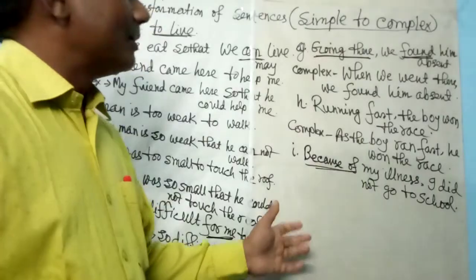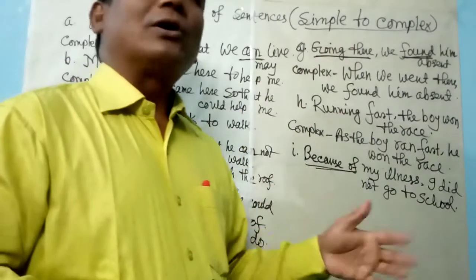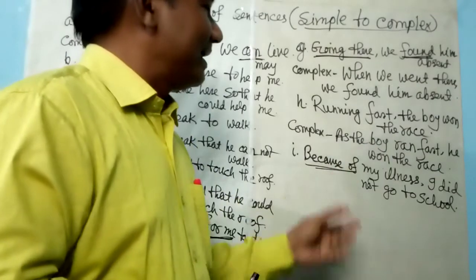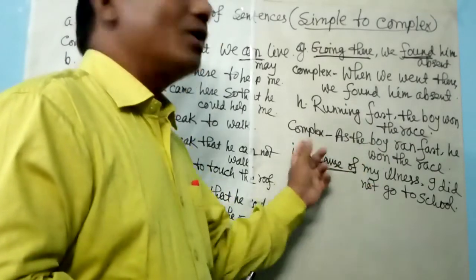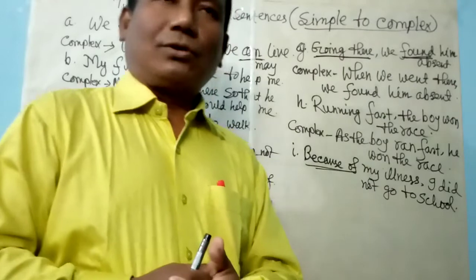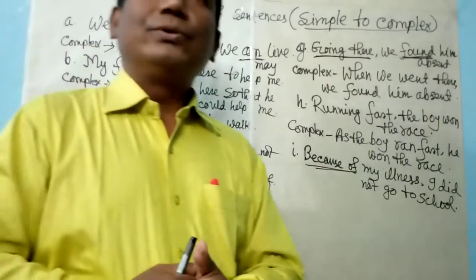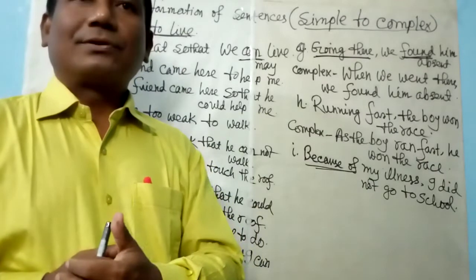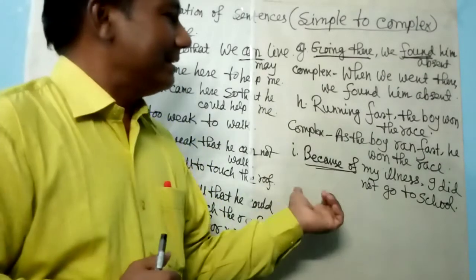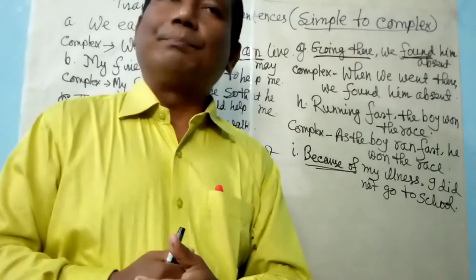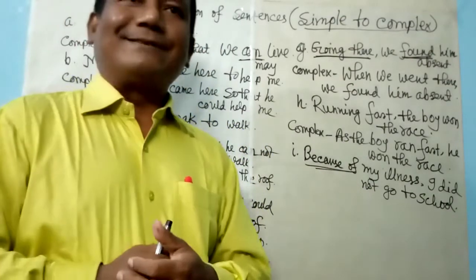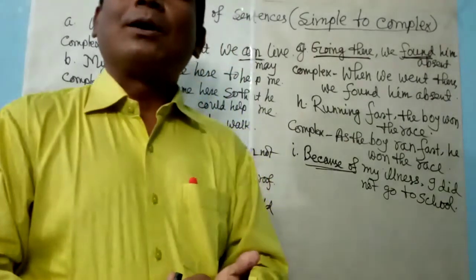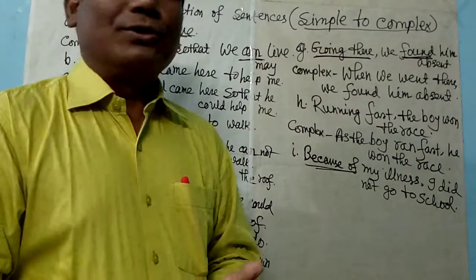Then how can we make them or turn them into complex sentence? As, because of, on account of, owing to, due to. They indicate cause or reason. Then in order to make them complex, we'll use here since or as or because.